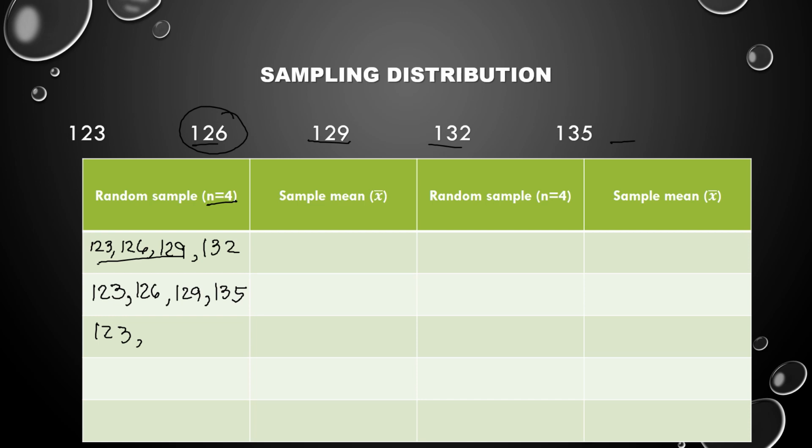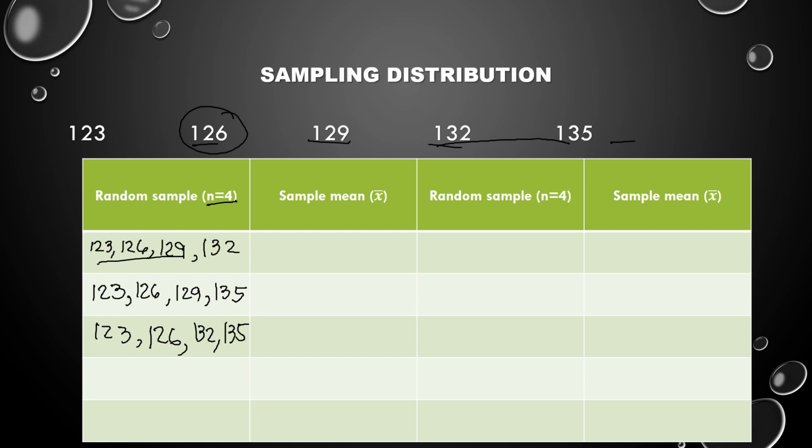Instead, you can come up with 4 numbers if you have 123, 126 as the starting pair, and then you combine that with the rest of the 2 numbers in the data, 132 and 135. So we have 123, 126, 132, and 135. Next, we cannot have any other combination for 123, 126. Now we go for the next one.